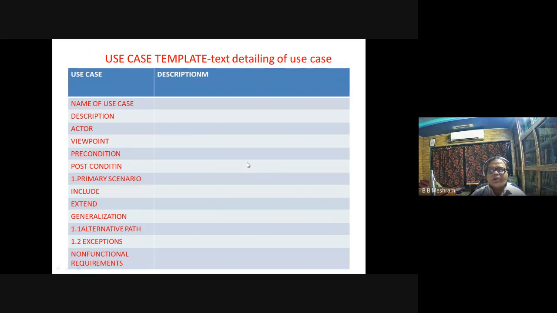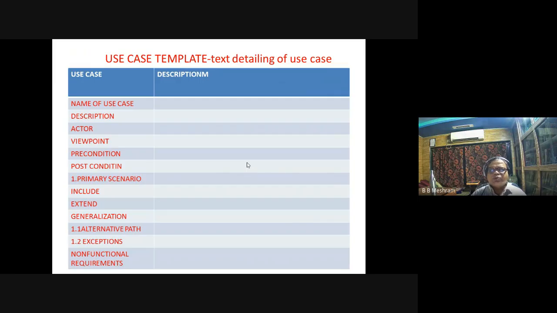Use case template. So a use case can be detailed with the help of text. This is the format you can use. You have to prepare a table where there are two columns. First column is about the use case components, and second column is a description.